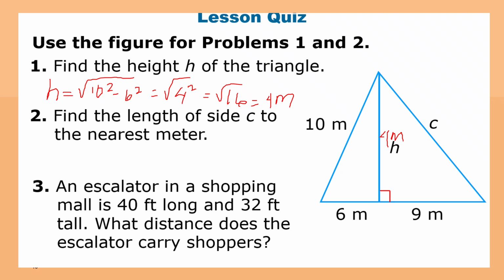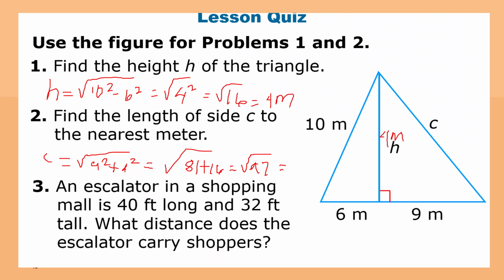To get the side, we have C is equal to the square root of 9 squared plus 4 squared. We got the square root of 81 plus 16, that is equal to the square root of 97.